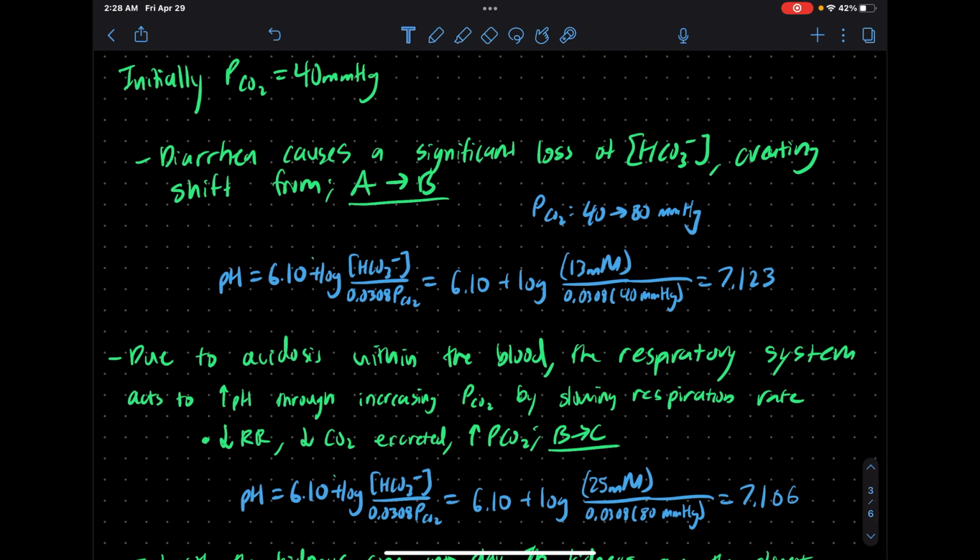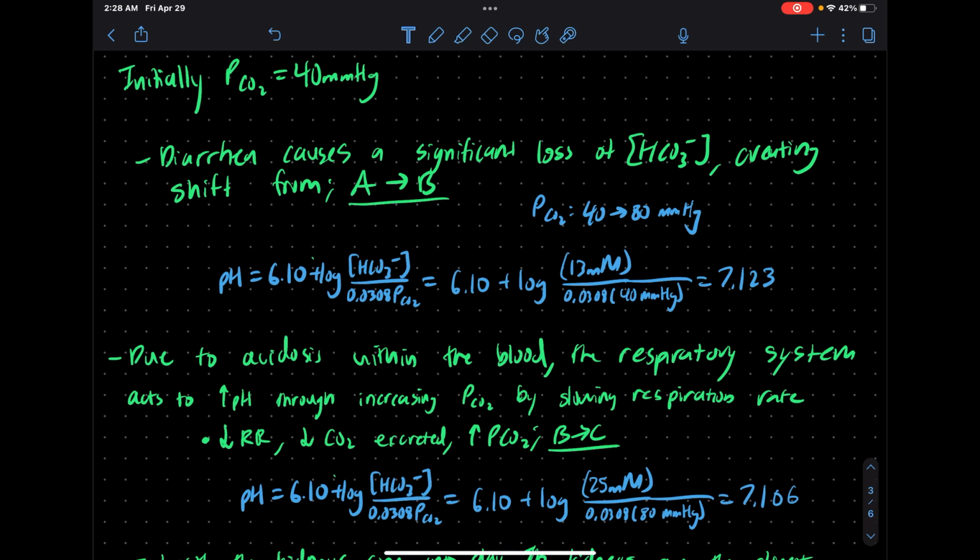Next, due to the acidosis, the respiratory system kicks in to try to fix the acidosis. It increases pH slightly through increasing PCO2 by slowing the respiration rate.